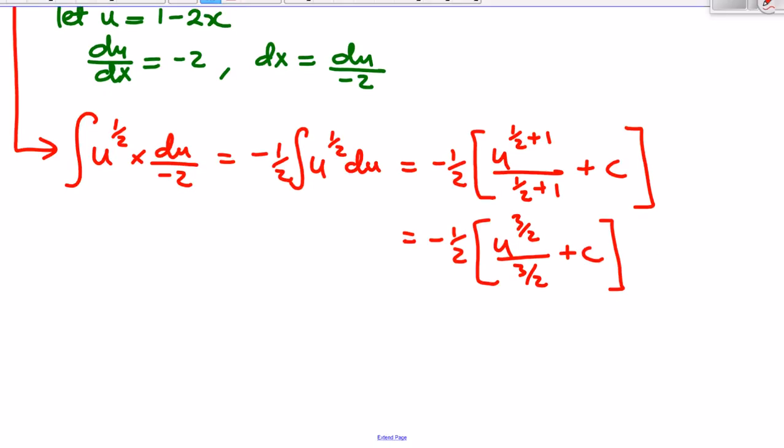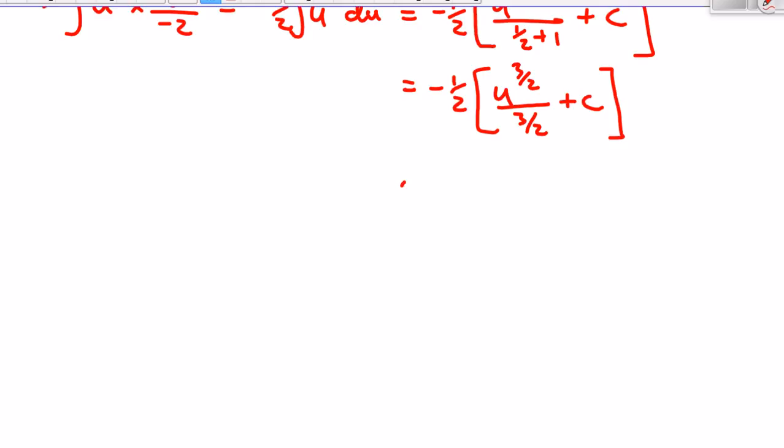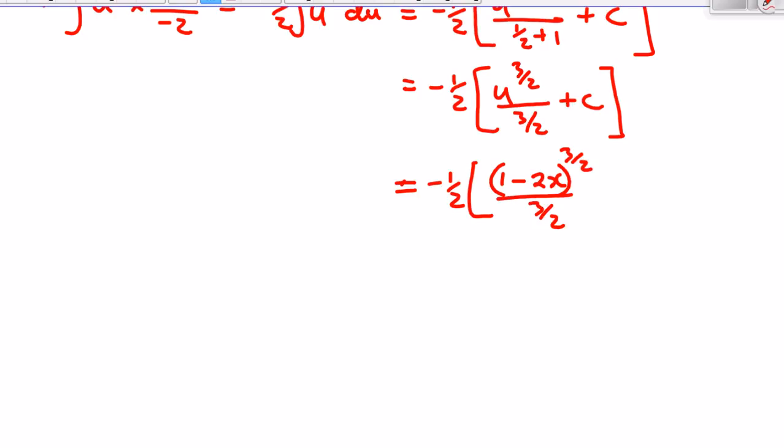So this will give me negative a half, replace u with 1 minus 2x, so (1 - 2x) to power 3 over 2 over 3 over 2 plus c.